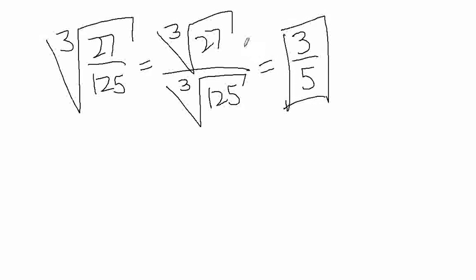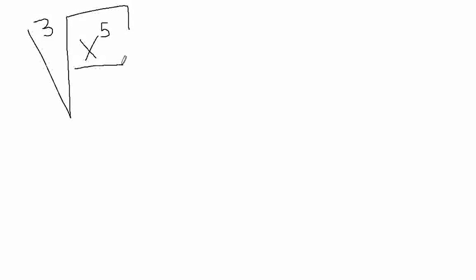Okay? So let me have you try one involving cube roots now. Would you please simplify the cube root of x to the 5th power over y to the 6th power? Do that now if you can, please.